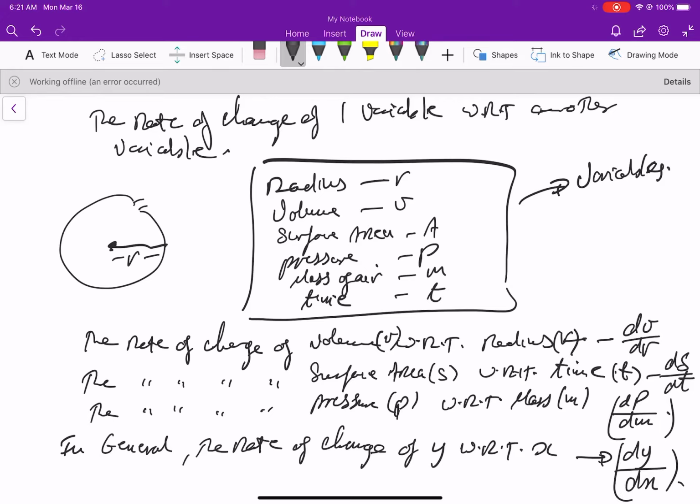And you'll be seeing this particular expression representing differentiation quite a bit.